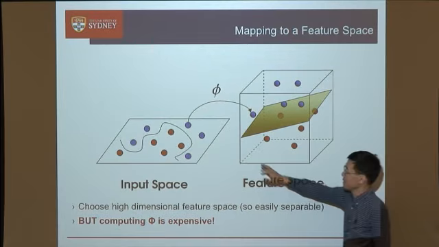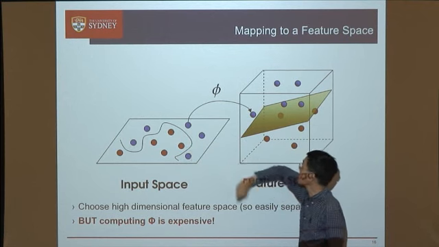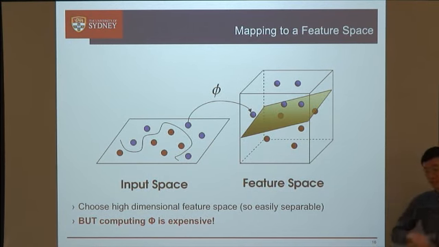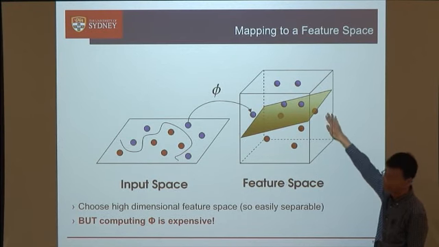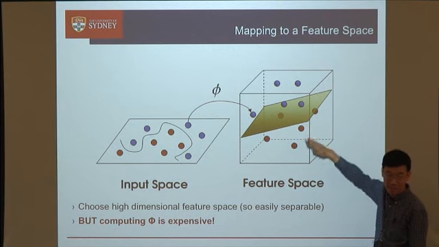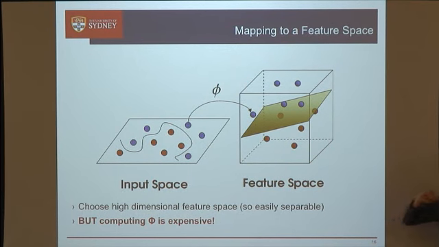So we can take these points and we can map it to, say, 1 billion dimensions or something like that. In this high-dimensional space, then I can easily find a hyperplane which can divide these data. Now, obviously, the problem with projecting this into a high-dimensional space is that it would be computationally expensive.